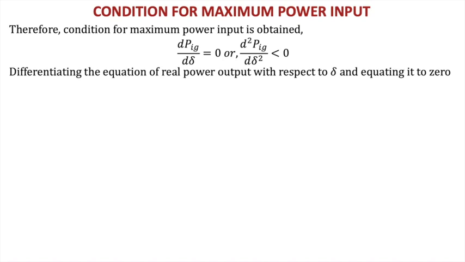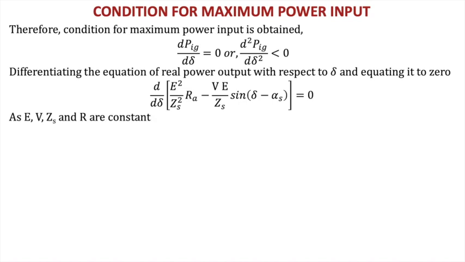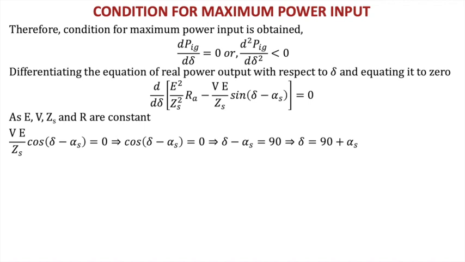After differentiating the real power equation, the constant terms drop out, and the derivative will be VE by Zs cos(del minus alpha s). Again VE by Zs can't be 0, so the cosine term will be equal to 0, which gives the result del is equal to 90 plus alpha s.